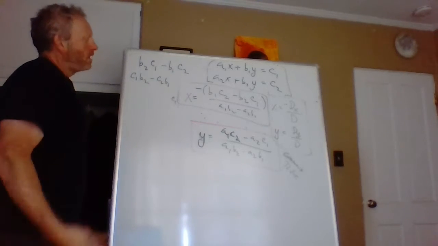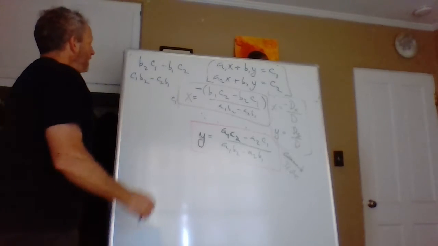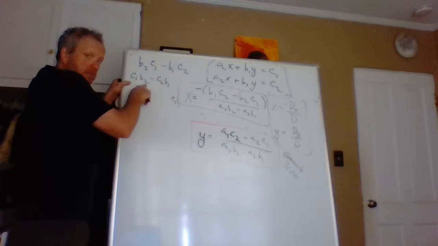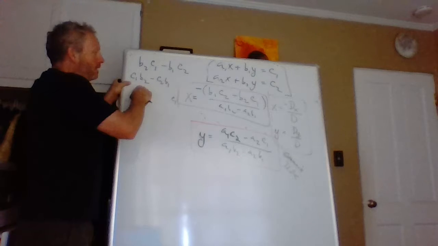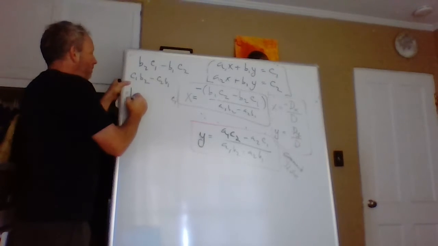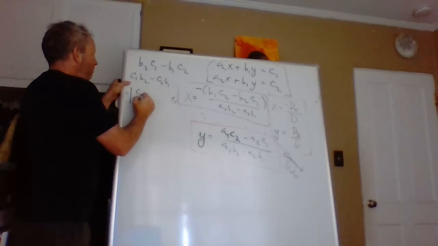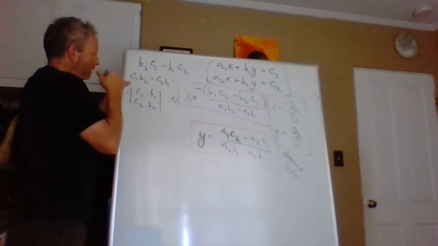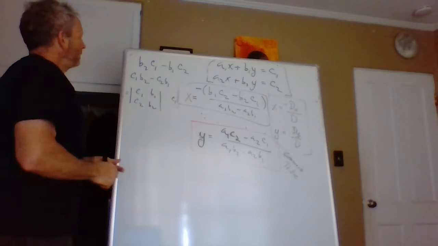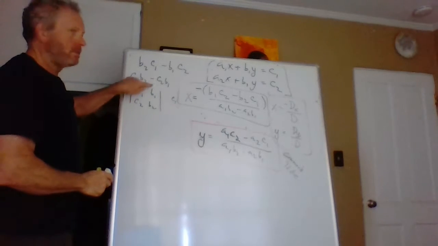And then someone realized, or somebody noticed, that this right here is the determinant of the following matrix. C sub 1, C sub 2, B sub 1, B sub 2. Right? Because you have this times this minus this times this.